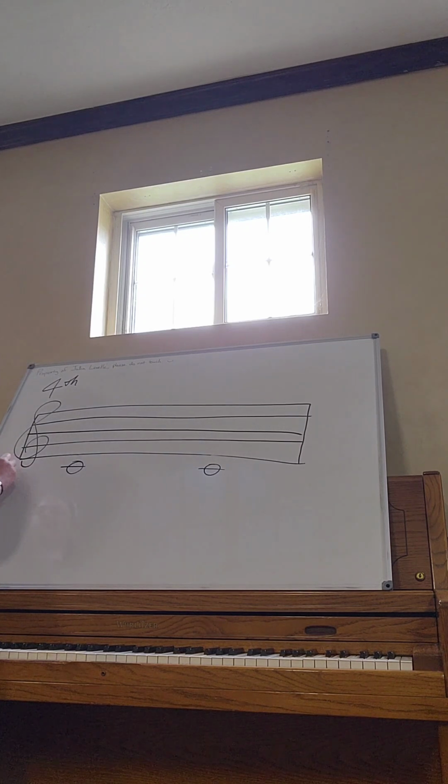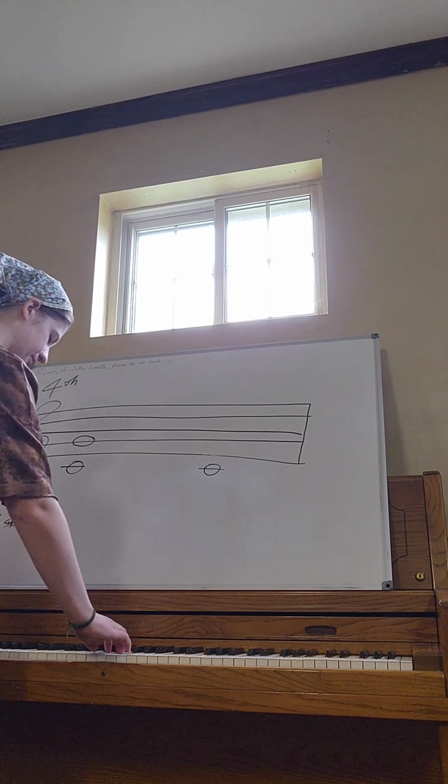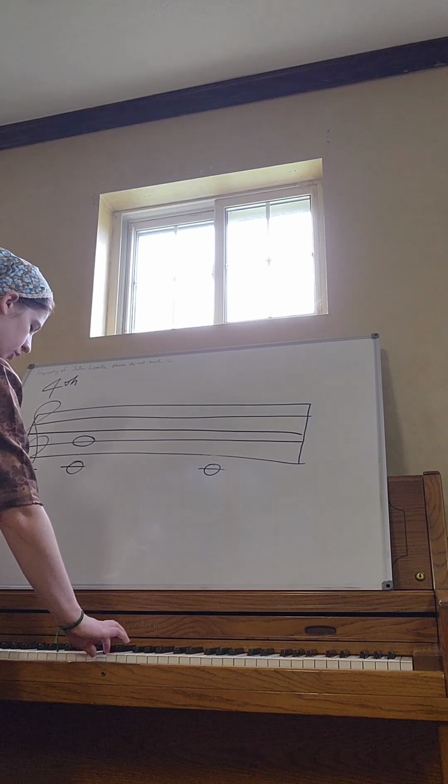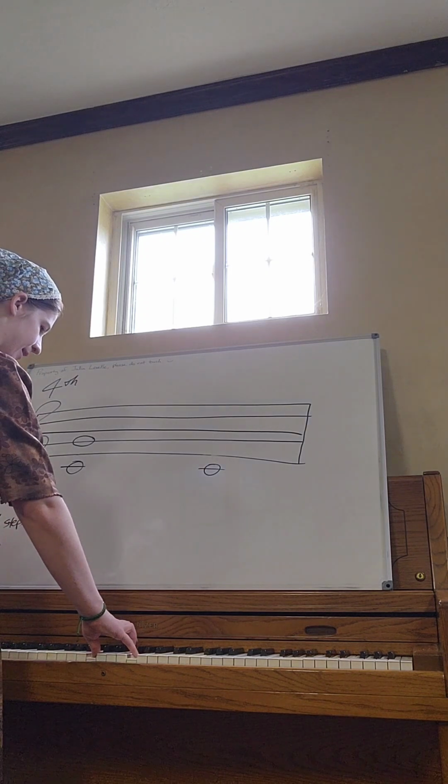So P5, a perfect fifth, is a generic fifth on the staff. There we go. And it is made up of 7 half steps or 7 semitones. Let's count our half steps. 1, 2, 3, 4, 5, 6, 7.